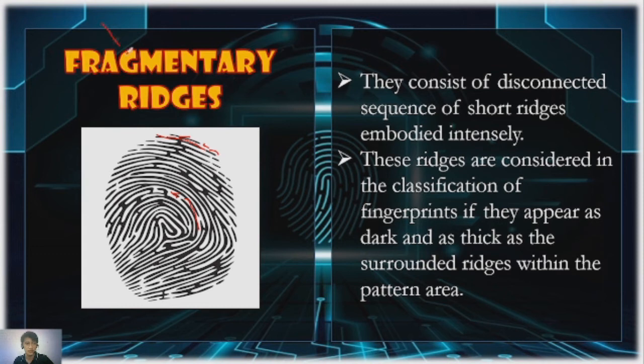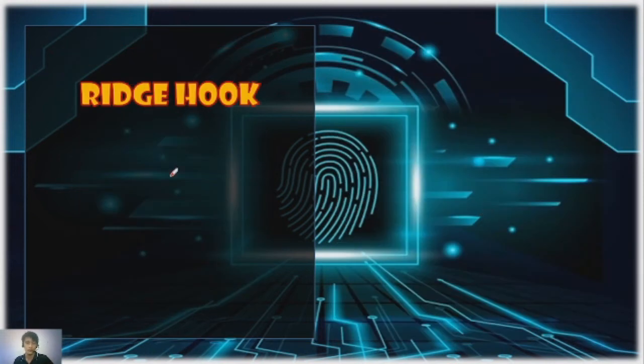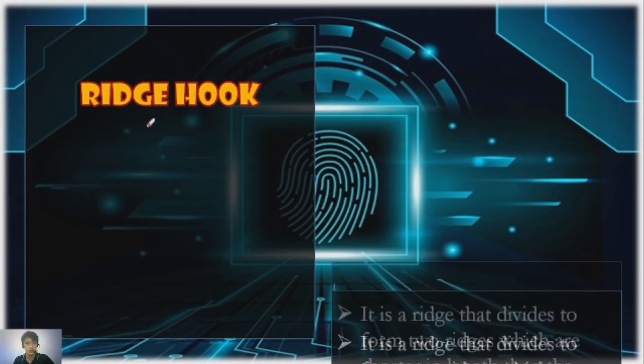Then we can say that it is a fragmentary ridge, right? But if it doesn't have the same thickness, then we cannot consider it a fragmentary ridge.